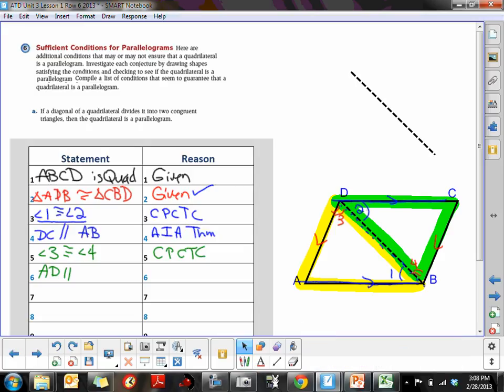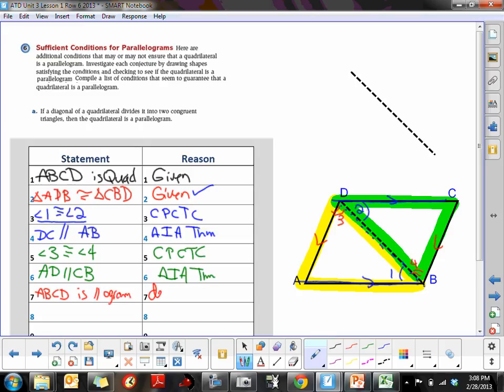And as I was writing the other one down, I noticed I had that in there wrong. AD is parallel to CB by our alternate interior angle theorem again. Now I can say for sure that ABCD is a parallelogram by definition of a parallelogram.